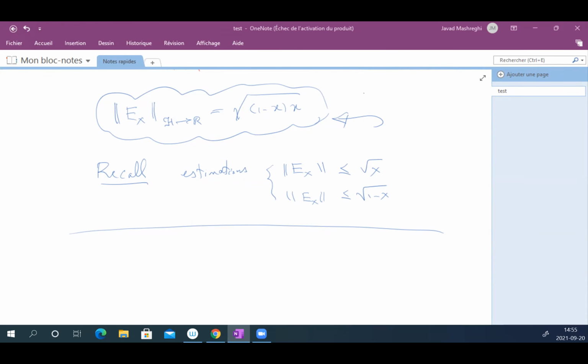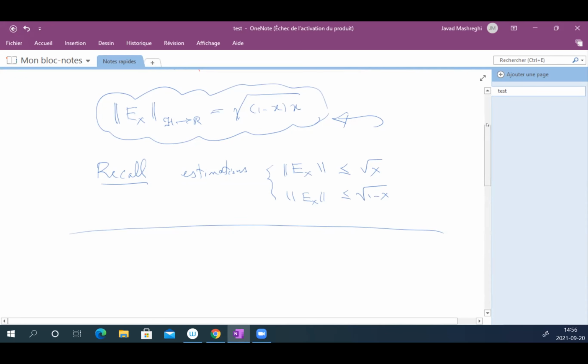But kx being in H, there are many more conditions it satisfies. It should be absolutely continuous and its derivative. It is indeed, because it's something linear. I mean, kx has a very simple formula.